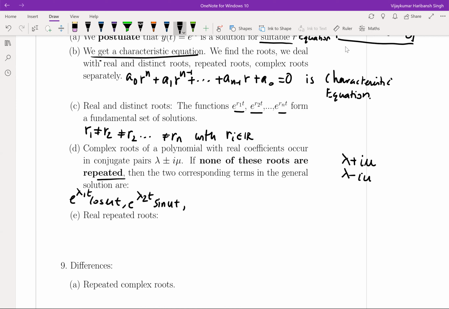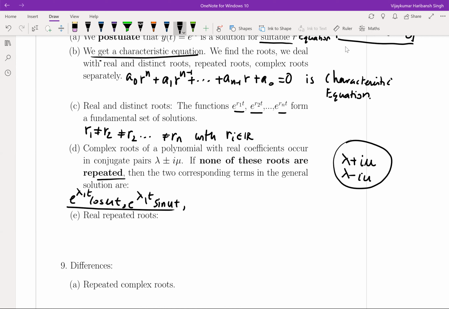This corresponds to a pair of complex roots, right? Lambda plus i mu and lambda minus i mu give these two solutions. We have already discussed this in the case of the second order homogeneous differential equation.